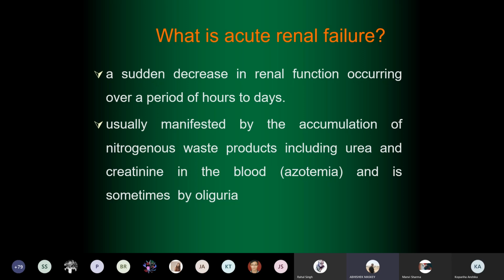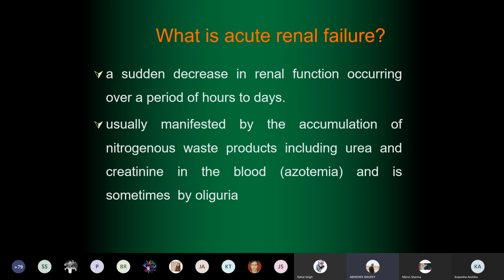Then this kidney injury will be resolved, and the patient will be fine again. So if you can find out these patients and treat on time, then this is a reversible process, and this is a very important part of being a physician, being a nephrologist. We have to diagnose acute kidney injury because you can give life to the patient, because it is reversible. They don't have to depend upon dialysis for their whole life.